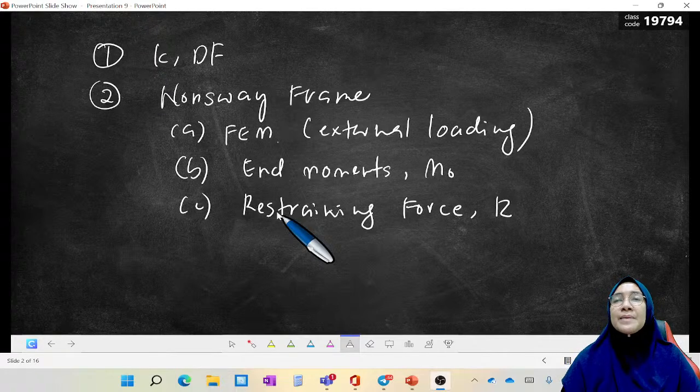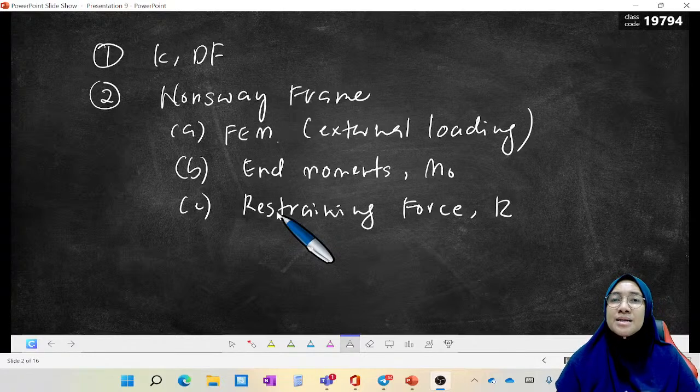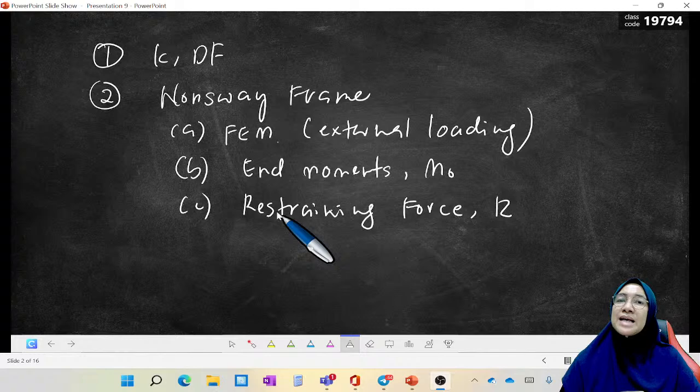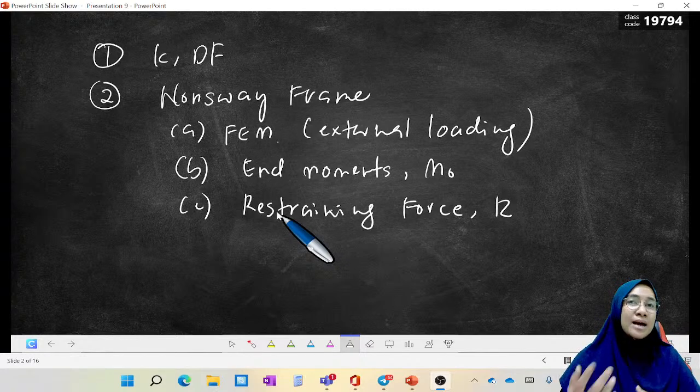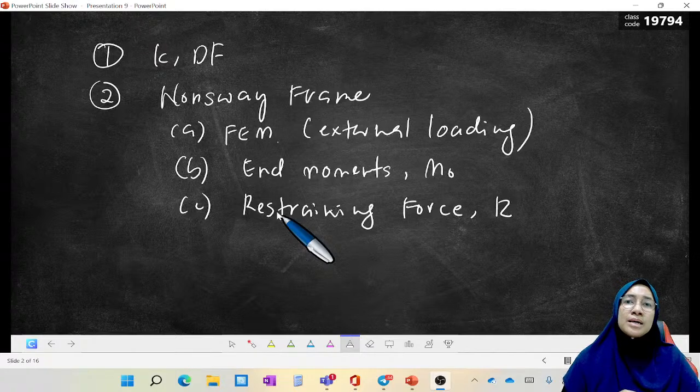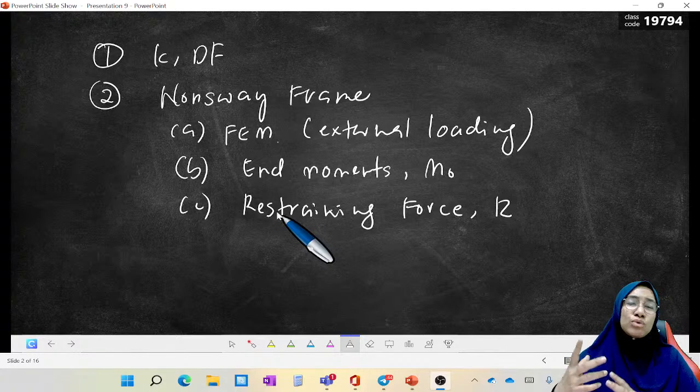But in a frame with sidesway, we cannot combine the FEM. We cannot combine the FEM because the delta is unknown. The sidesway is unknown, and the delta due to sidesway is unknown, and we do not need to calculate the delta.